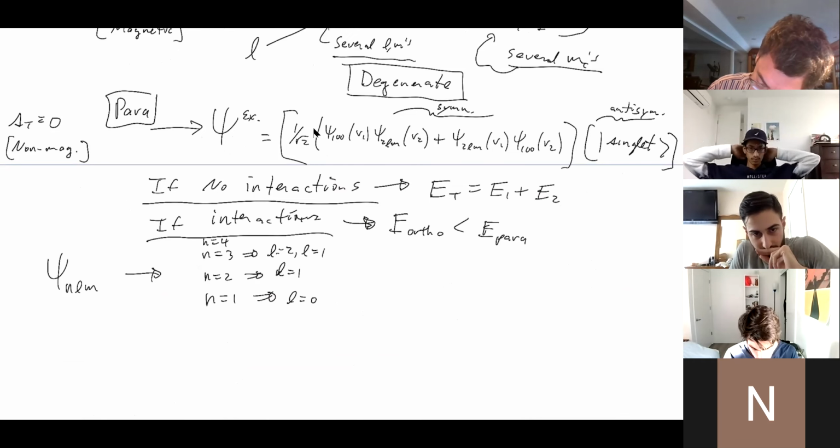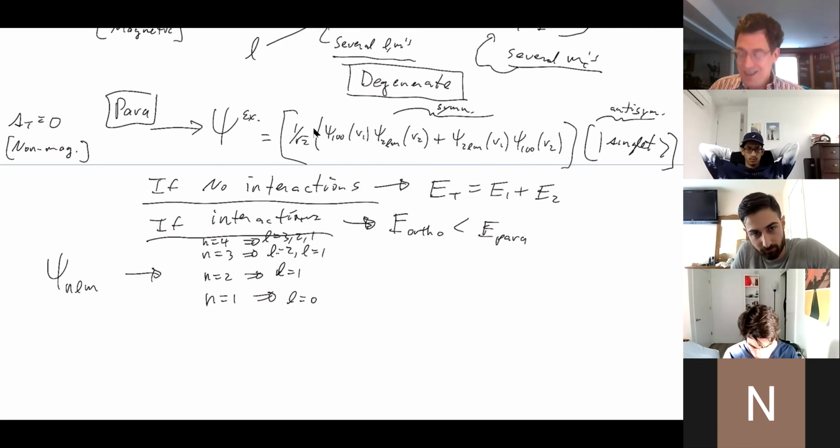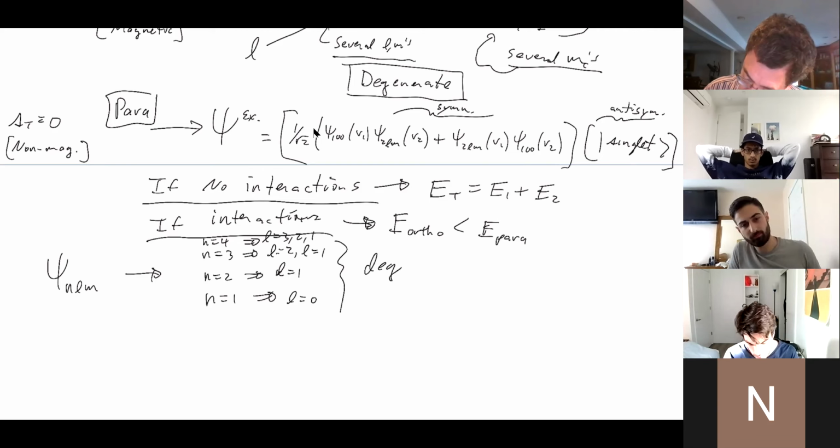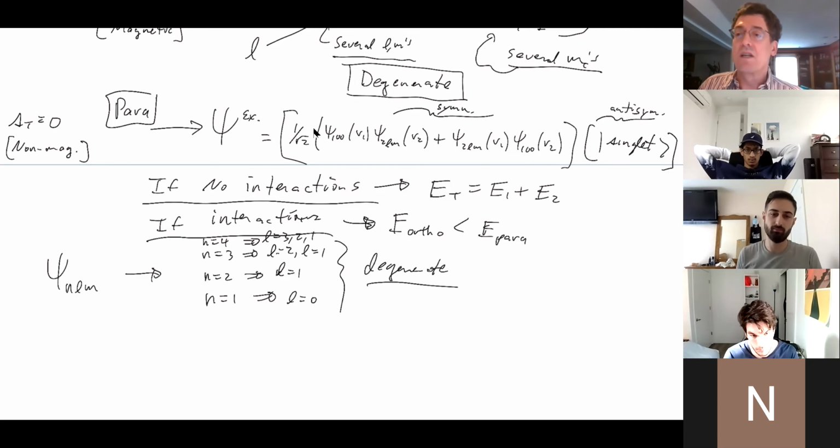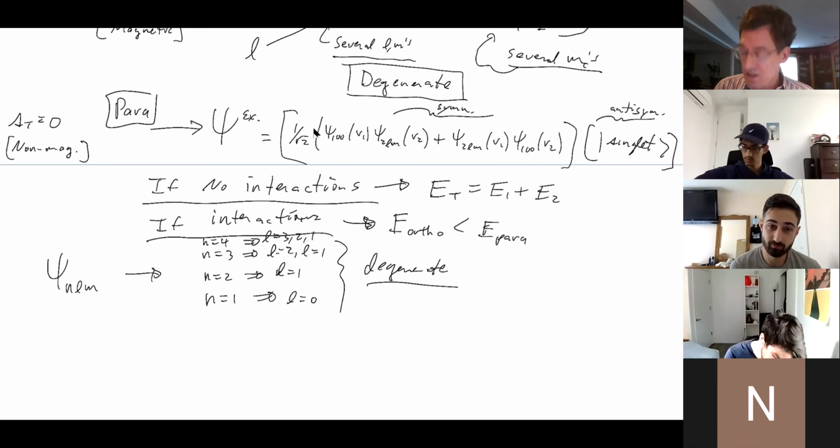If I have n equals 4, then I can have L equals 3, 2, and 1. And so all of these states are degenerate. So it's the rules of atomic physics, and those are the rules that I need you guys to go back and review and memorize for this course, because we're going to be using them like crazy.